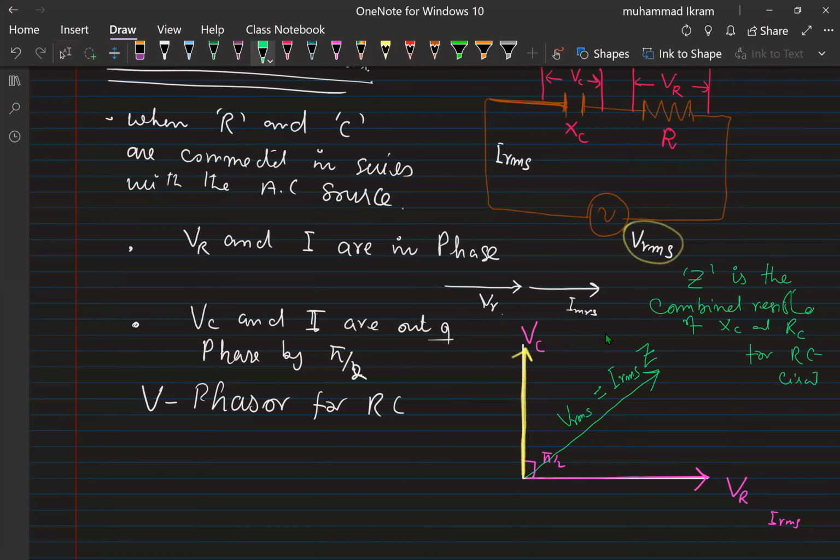This is called the impedance of the circuit. The impedance is the combined resistance of the circuit. Okay.